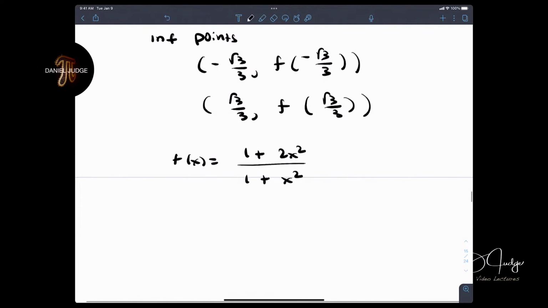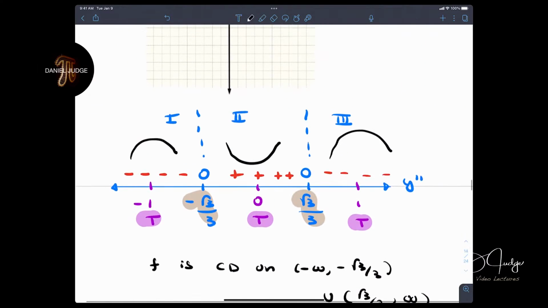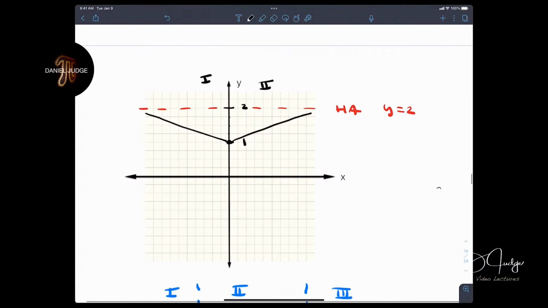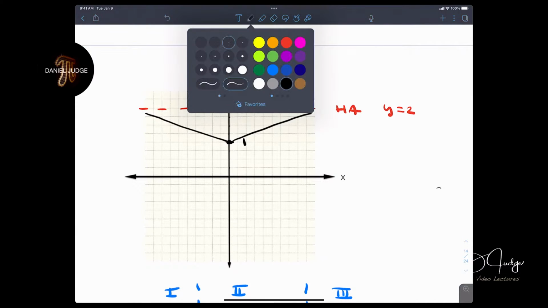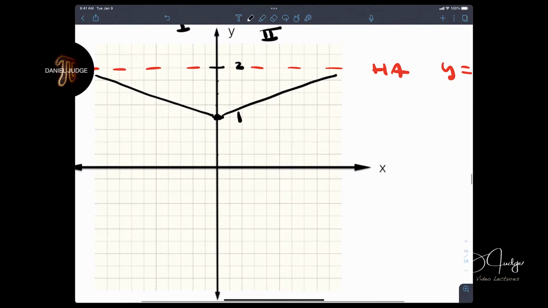Now, if you wanted to give an idea of what these are, minus the square root of 3 over 3 was like 0.5 and 0.6. So let me do something like this. I think 1, 2, 3, 4. This is positive 1, negative 1.